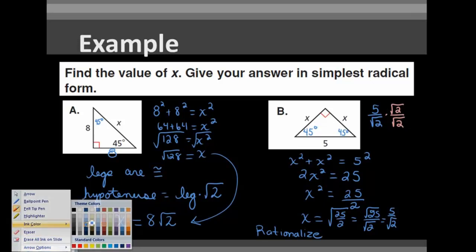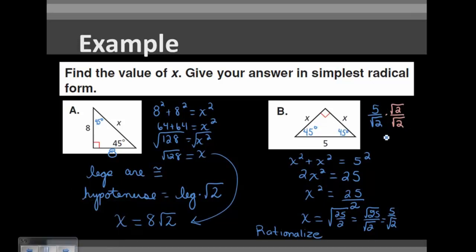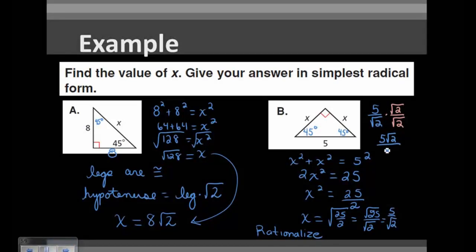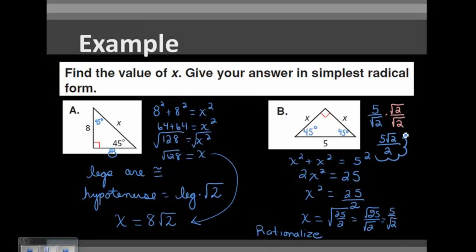And then when you're all done, your top would be 5 square root of 2, and then the square root of 2 times the square root of 2 would be 2. So this would be your final length, and we've rationalized the denominator for a more simplified answer. Because, after all, it did say give your answer in simplest radical form. So we simplified it.